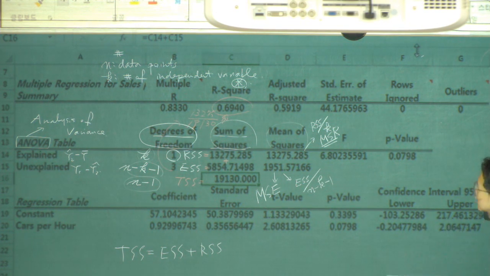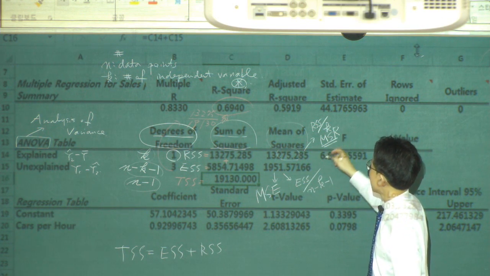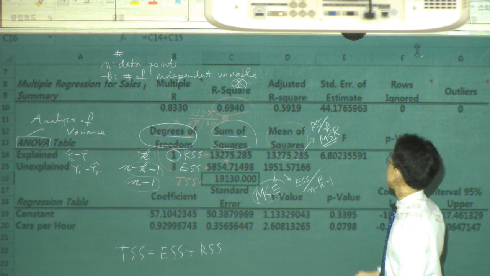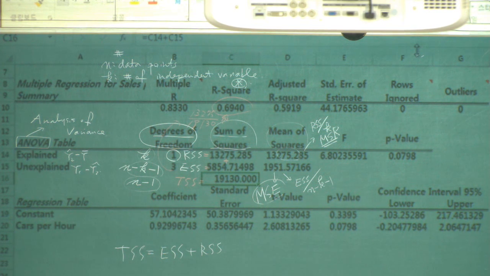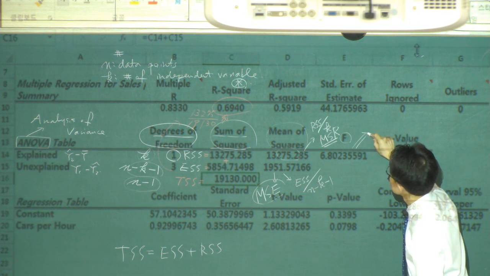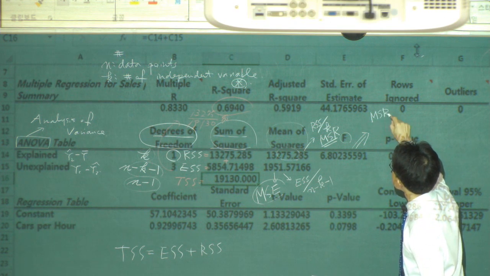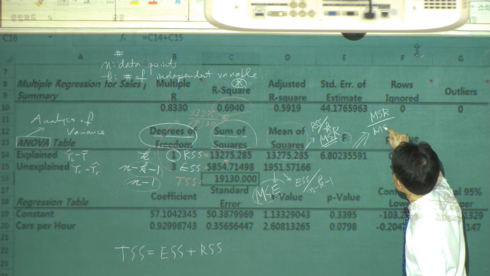So we call this MSR, and this one MSE. Now, the F statistic is nothing but MSR divided by MSE.